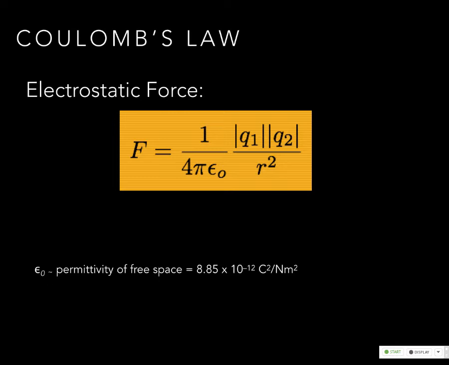It's a vacuum, yeah. So this is the permittivity in a vacuum. Permittivity kind of means how well the electric field works in a vacuum. And it has this number that's really easy to remember, 8.85 times 10 to the negative 12. Cool. You might want to write that down.